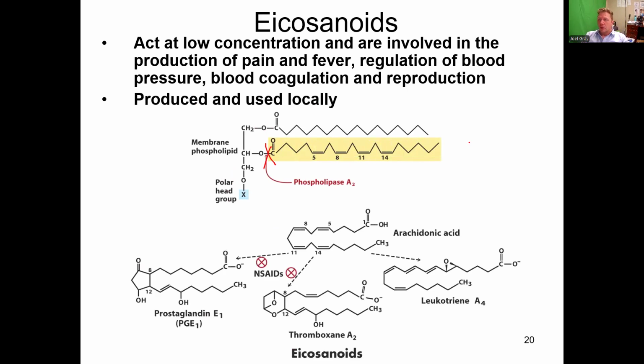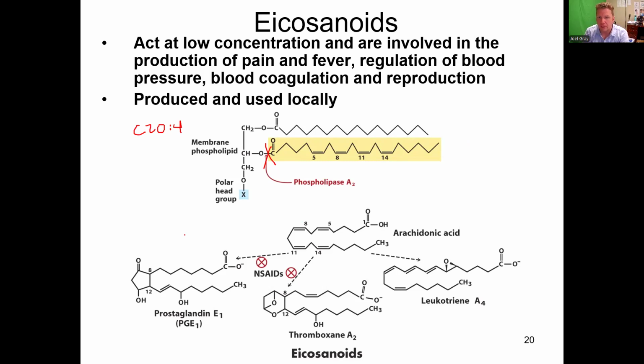It follows the double, single, single, double pattern. It's a polyunsaturated fatty acid, 4 double bonds. So this would be C20:4. This is a fatty acid known as arachidonic acid.